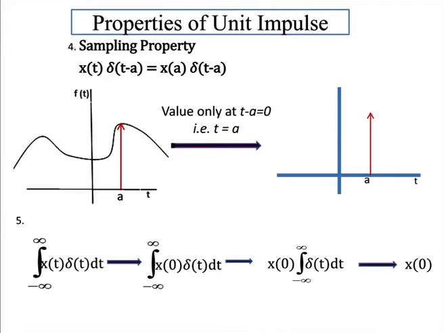We can again, as δ(t) is non-zero only at t equal to 0, write ∫ of x(0)δ(t), and x(0) now is a constant. So, take it out: x(0)∫δ(t)dt. So, this is x(0).